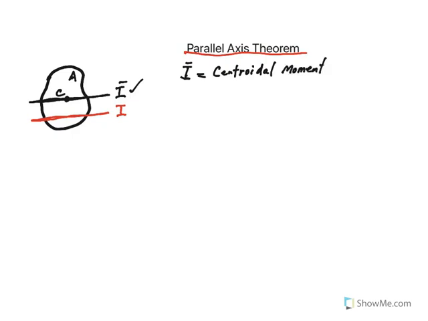So the bar has to do with the centroid. Let's say this is given, or you can get it from a table. And then let's say you want to find I with respect to the red axis. That's the unknown. How do we do that?